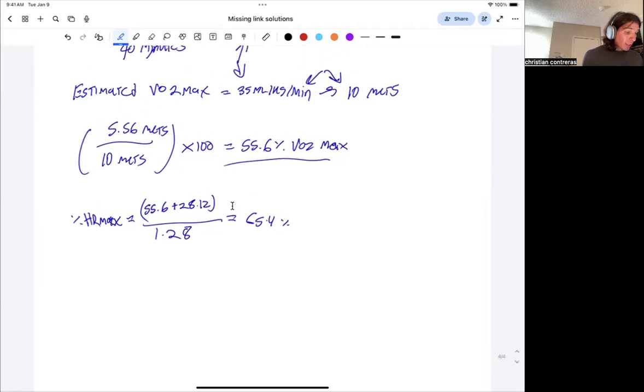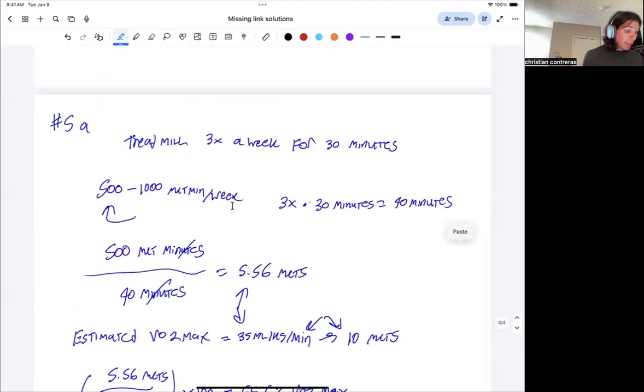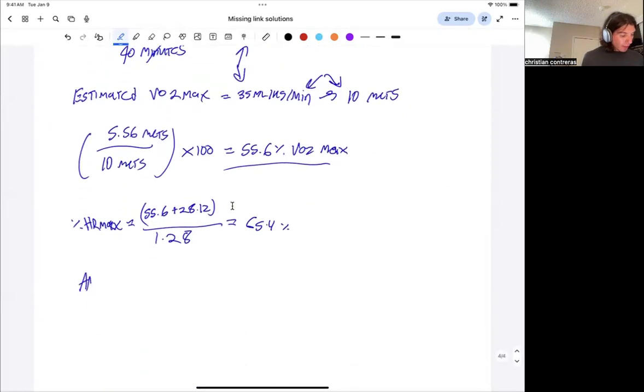Okay. And so what we're going to do is, again, we know this person's age. I did not write it down, but her age is 42. So we can find her age predicted max heart rate by doing 220 minus 42, which in this case is going to give us 178 beats per minute.